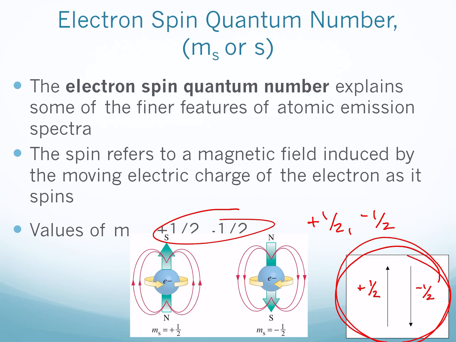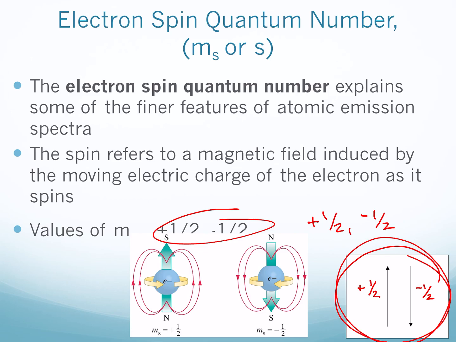This whole spin that I'm referring to is the magnetic field induced by the moving electric charge of the electron as it spins. Remember, way back at the beginning of chapter 7, I was talking about how when electric charge is moving, it's always going to create a magnetic field that is perpendicular to it, so at 90 degrees.